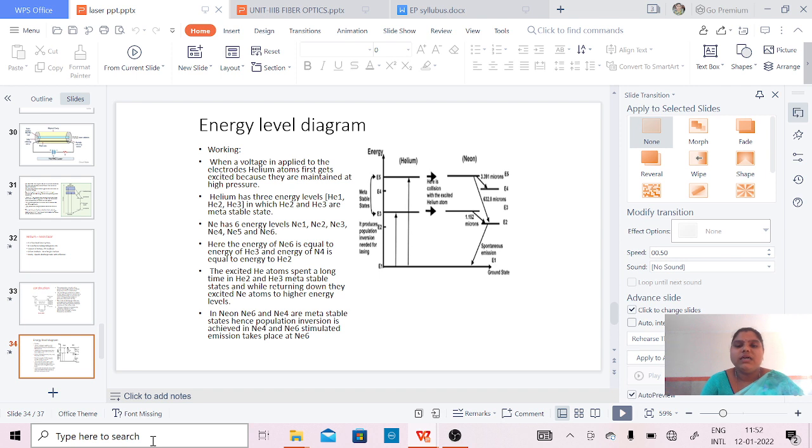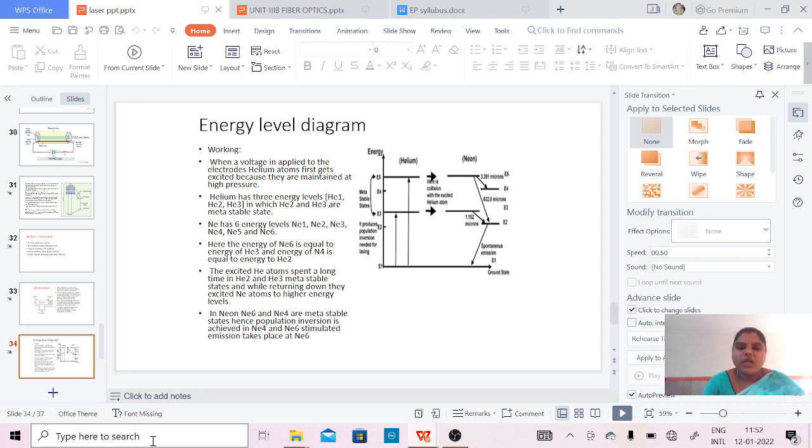So here we are comparing the energy levels of both helium and neon. The excited helium atoms spend a longer time in the He2 and He3 metastable states, because in a metastable state the electrons usually stay longer than usual.